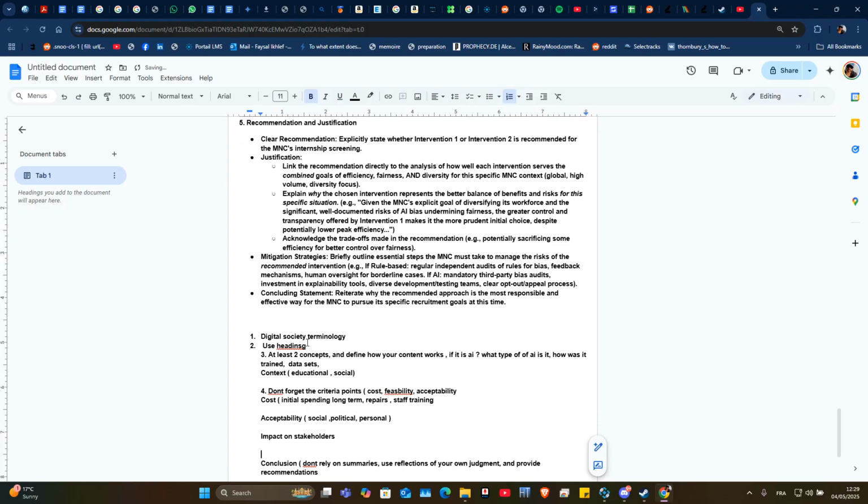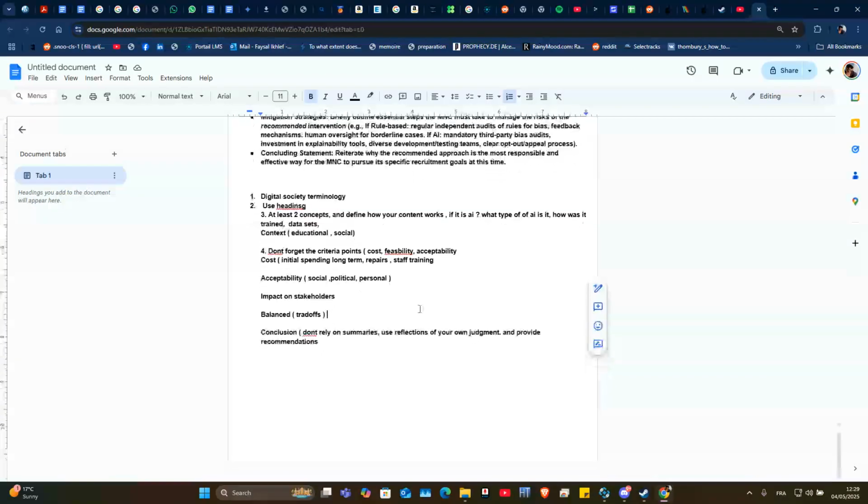And here, balanced overview. It means mention the trade-offs. So don't just say something is bad and not tell me the good about it, and vice versa, okay?